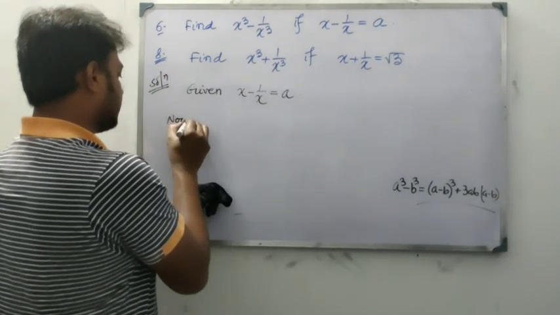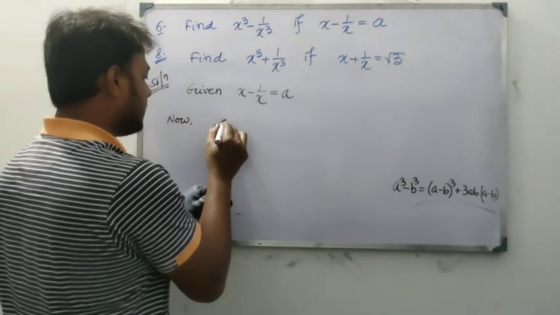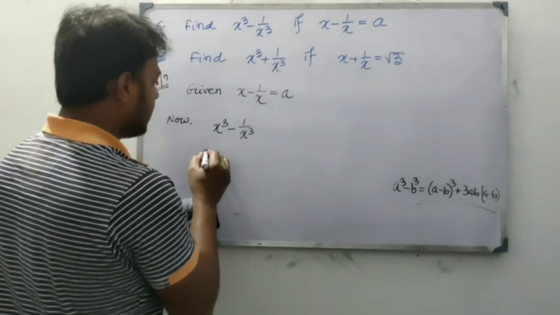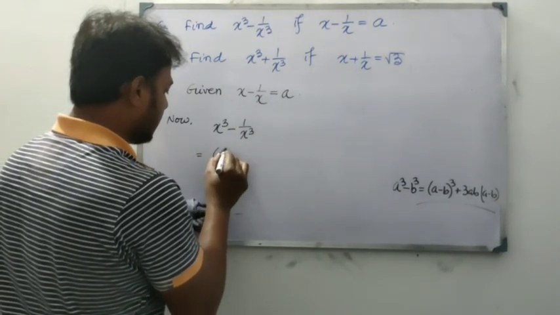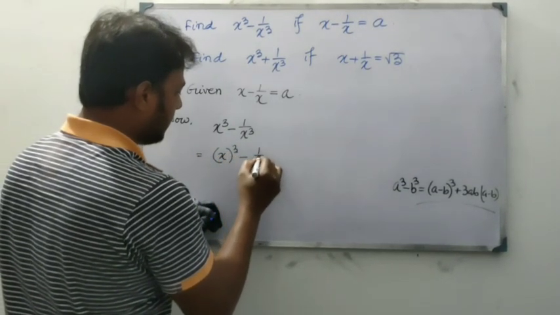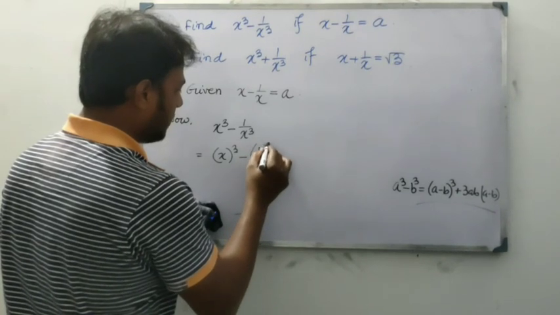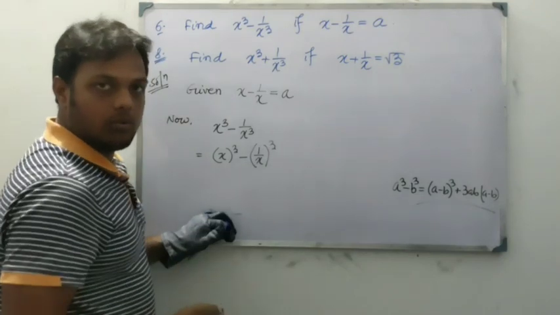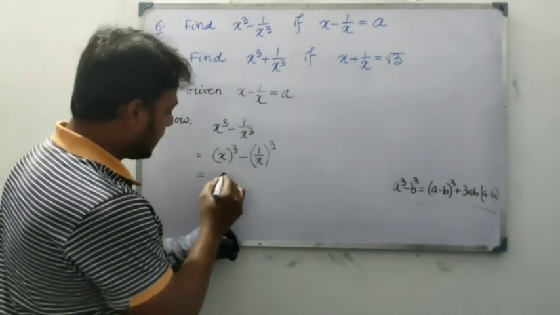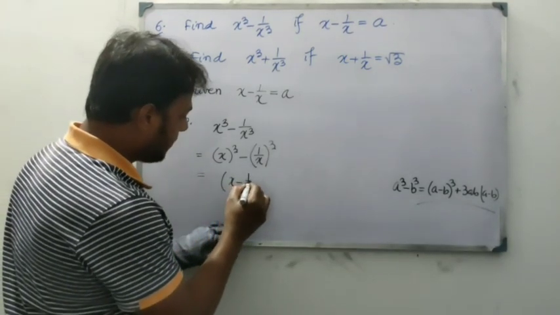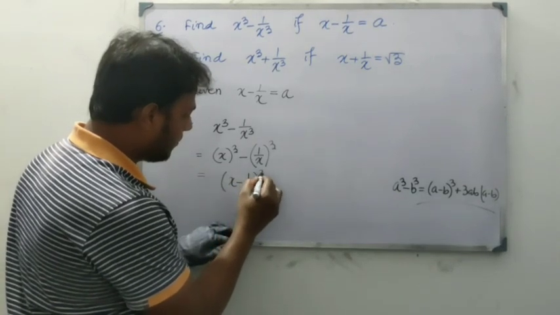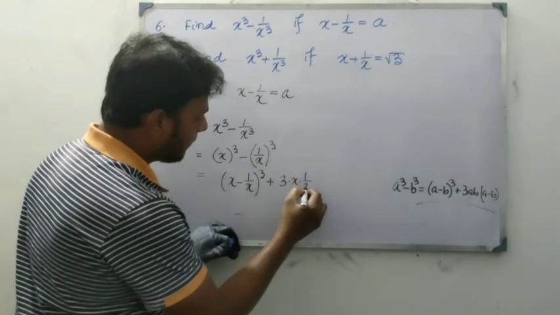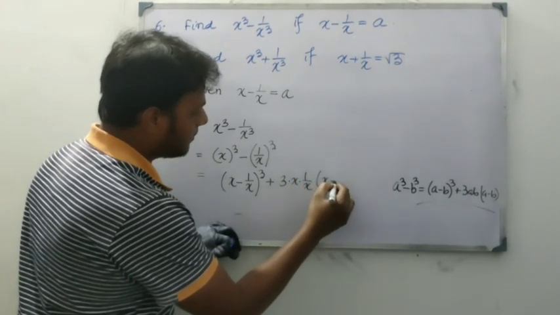Now x cube minus 1 by x cube can be written as x whole cube minus (1 by x) whole cube. So this is a cube minus b cube, where a means x and b means 1 by x. So this is nothing but (x minus 1 by x), that is (a minus b) whole cube, plus 3ab into (a minus b).